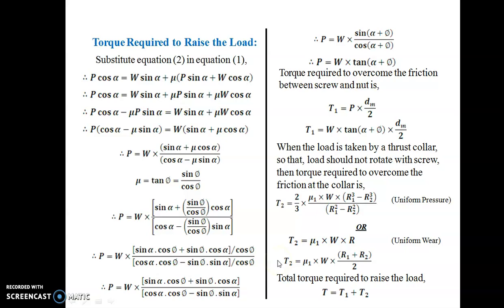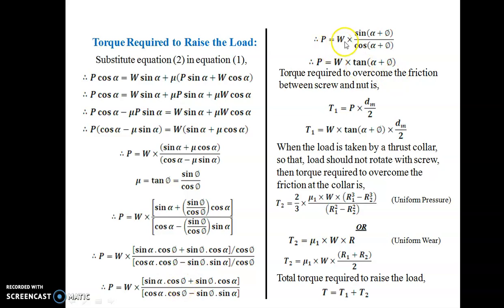So what is it an expansion of? Sin A plus B. So this is the expansion of sin (A plus B), and this is the expansion of cos (A plus B). Here the angles are alpha and phi.